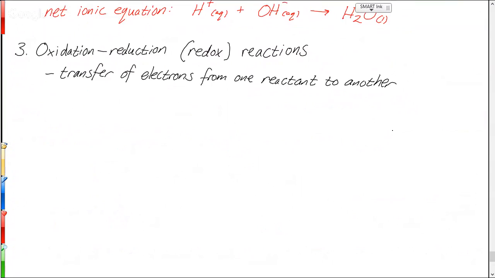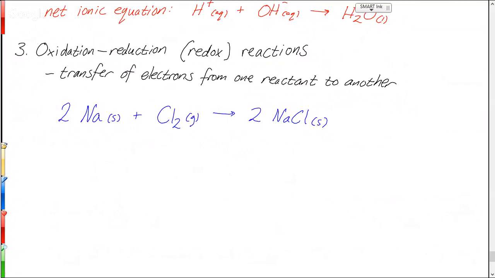So let me show you an example of that. Sodium solid reacts with chlorine gas to make sodium chloride salt. How do we know that this is a redox reaction? Well, things have changed their oxidation state.